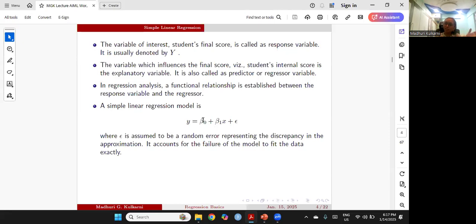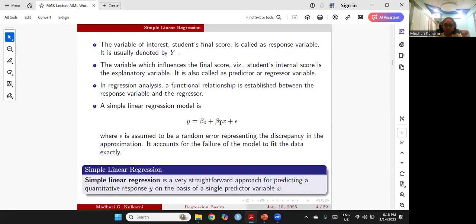In the same manner, beta naught is the intercept and beta 1 is the slope of the regression line. So this is the summary. It's a very straightforward approach for predicting a quantity on the basis of a single predictor variable X.